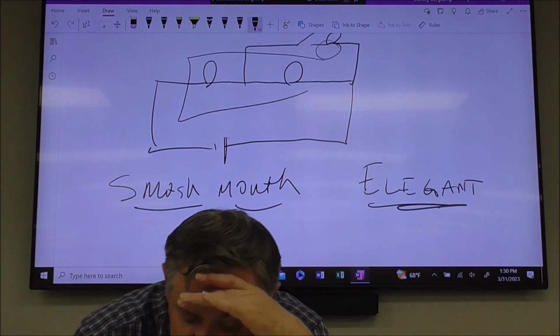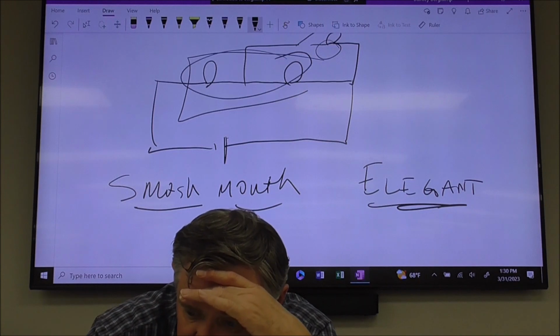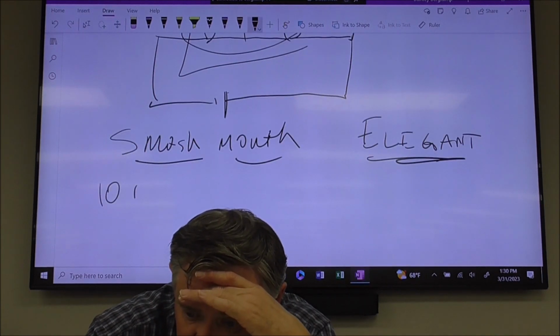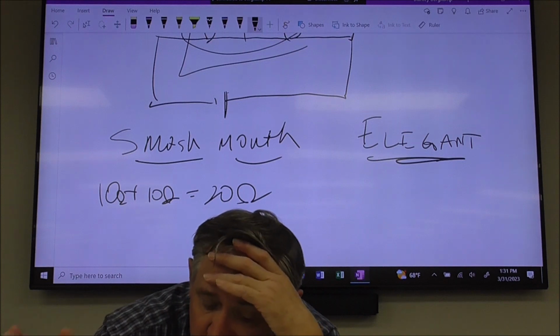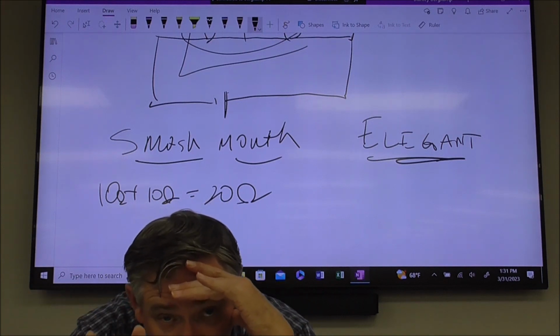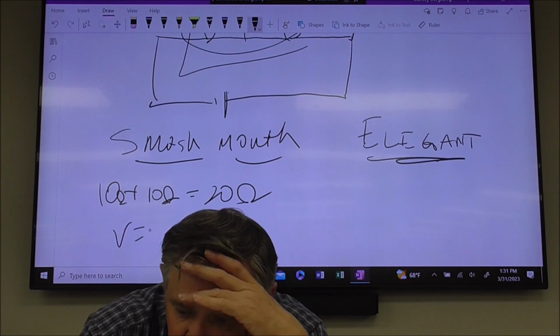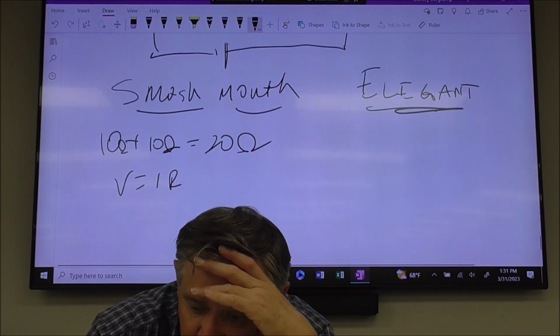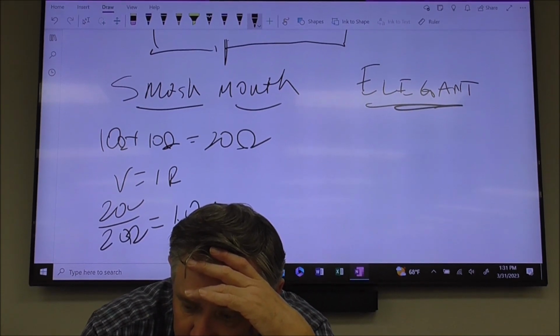So the equivalent resistance is going to be 10 ohms plus 10 ohms, which gets you 20 ohms. Now, if you assume a 20-volt battery, that way everybody's working off the same one, then 20 volts divided by the 20 ohms gives you 1 amp.